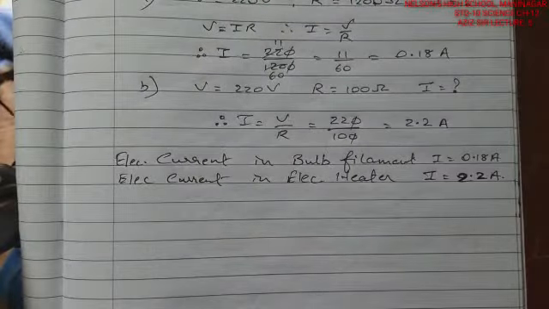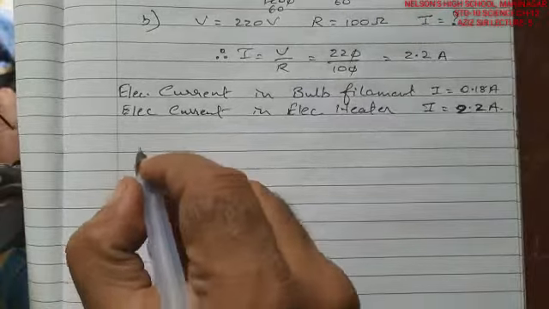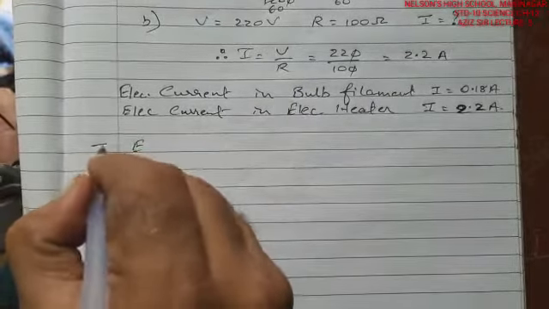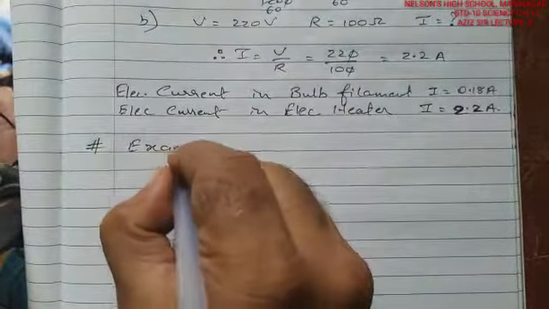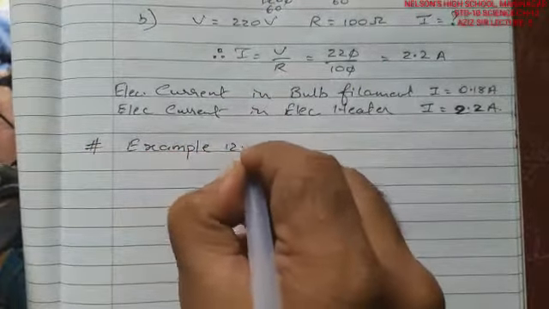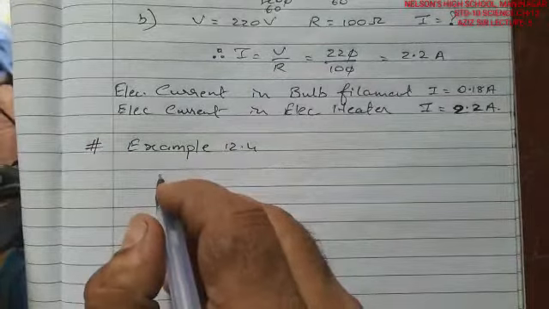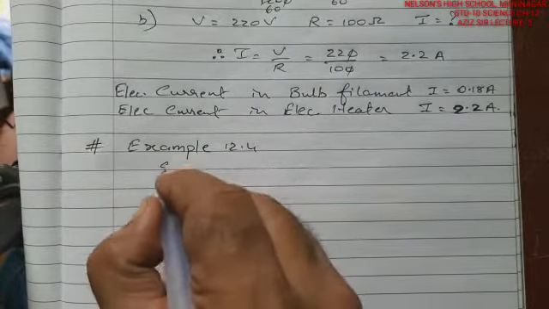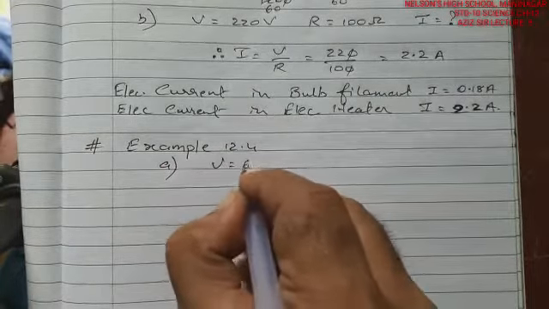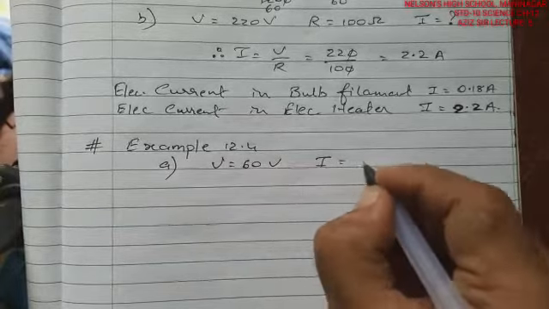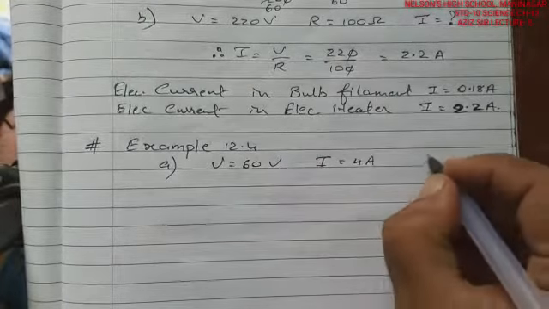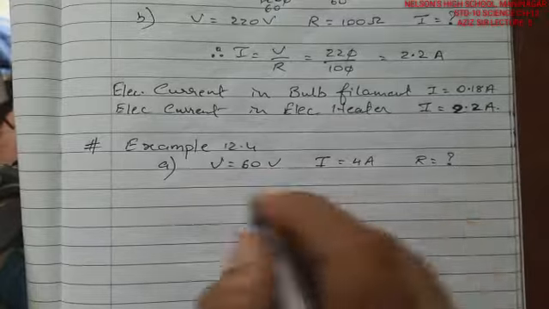So we may start with the sum here. This is example 12.4. In the case of 12.4, part A, the voltage is given as 60 volt and the current is given as 4 ampere current, and the resistance is supposed to be found out.